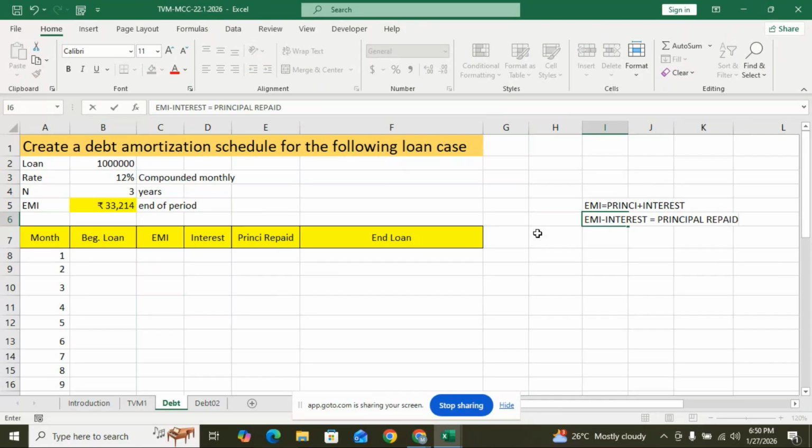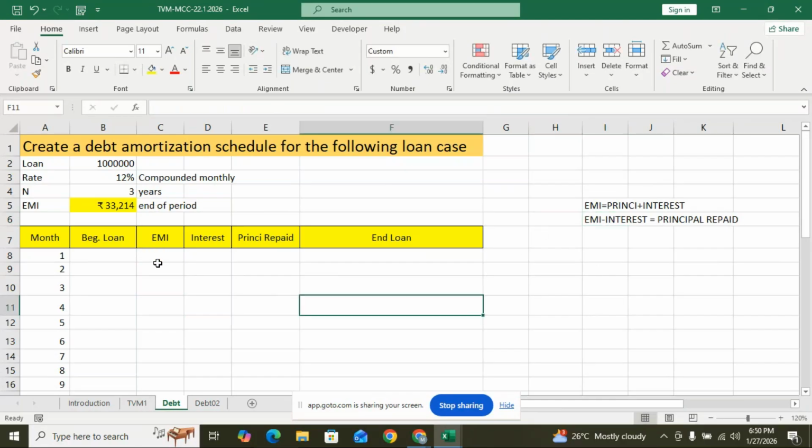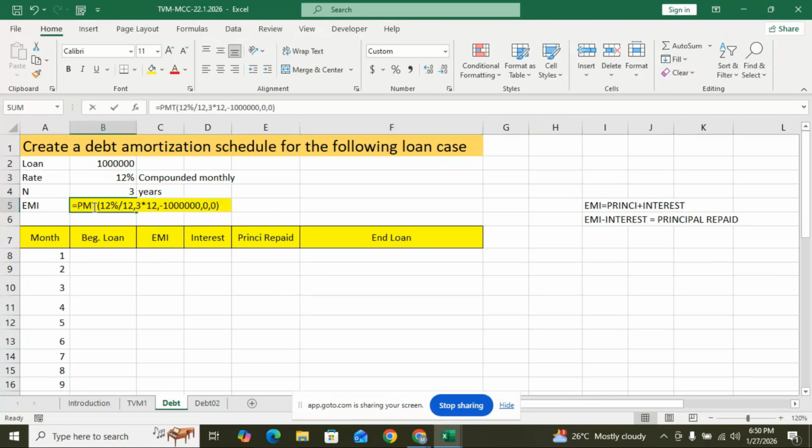Now, if we don't add this minus sign, what happens? Minus 30,214 minus interest becomes plus principal repaid. So what we're supposed to do is, when the EMI calculation is worked out, just add a minus sign here. That's all. When you press enter, those brackets will go off.